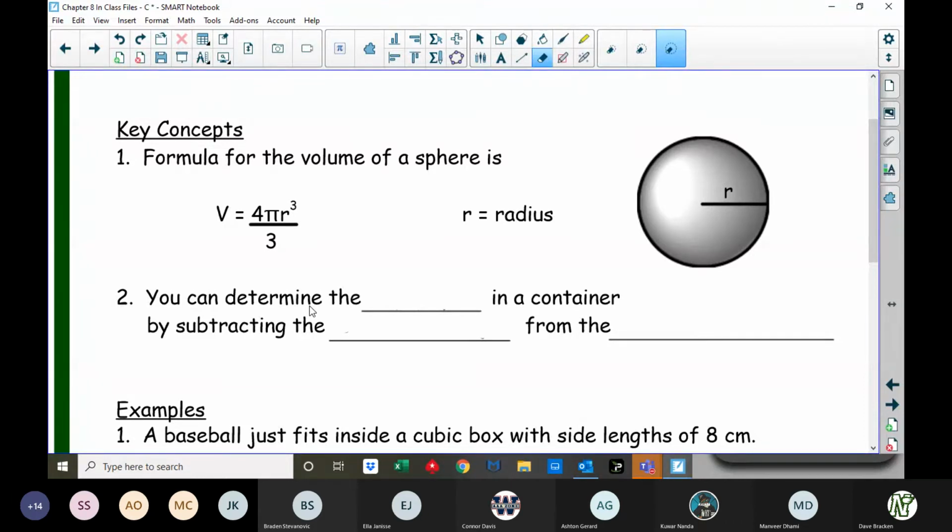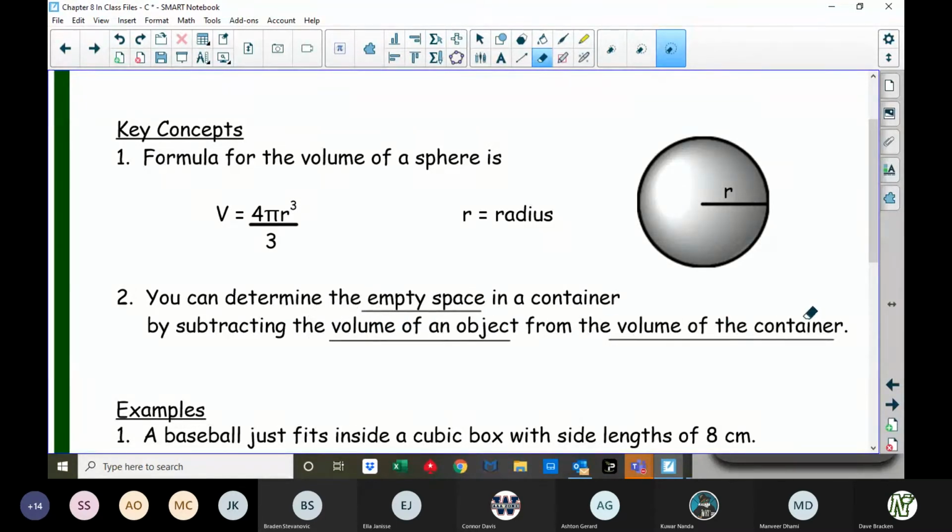So you can actually determine the empty space in a container by subtracting the volume of the object from the volume of the container. Find out how big the container is, take away how big the object is, and whatever's left over is going to be the volume of the empty space.